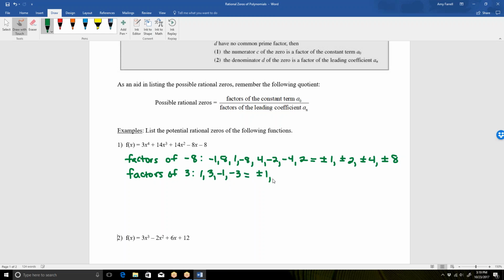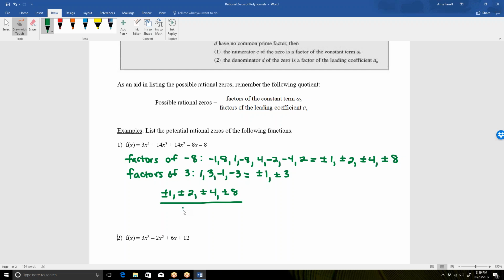Just as before, to write it more concisely, I'm going to write plus or minus 1, plus or minus 3. So the potential rational zeros of the function would be the factors of -8 over the factors of 3.